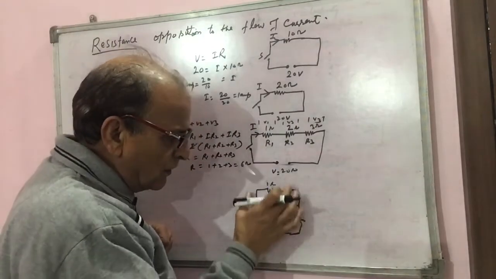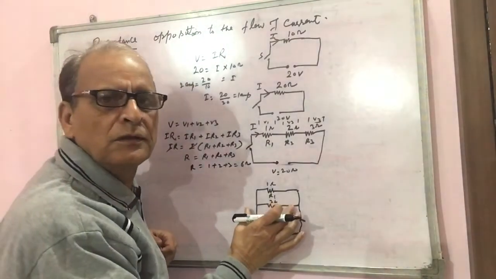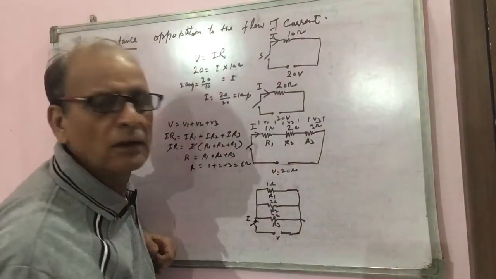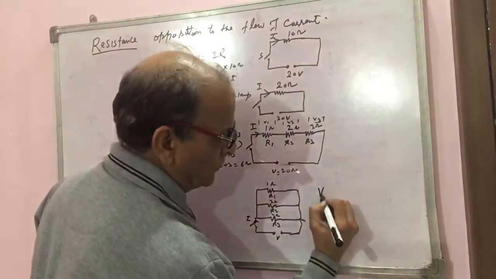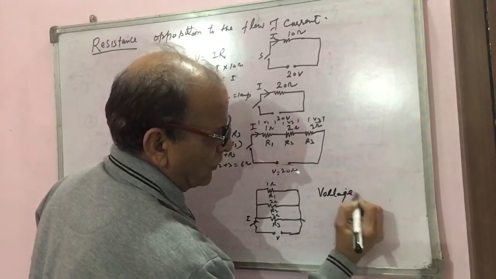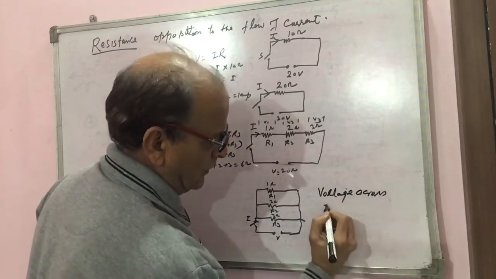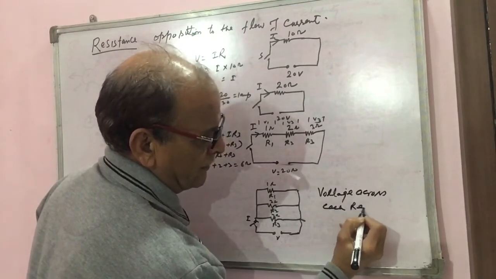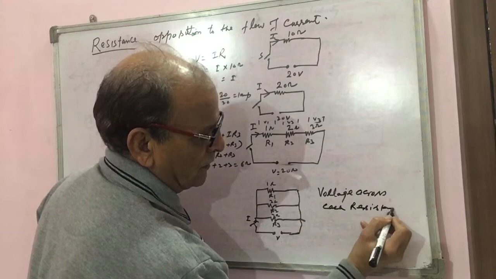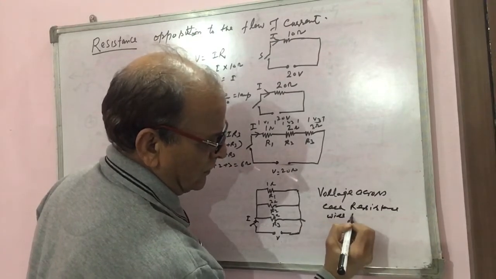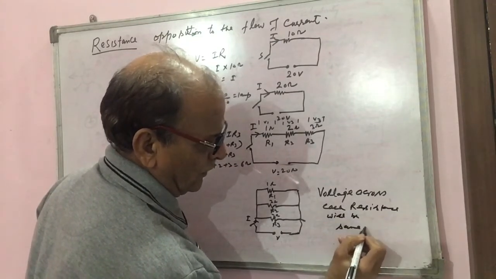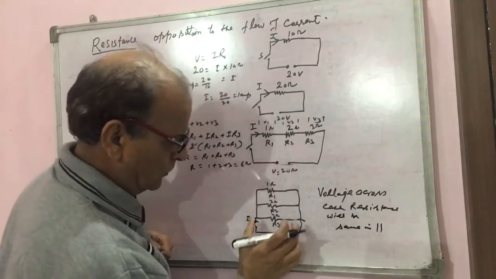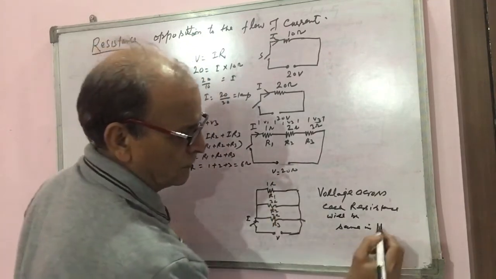The voltage across each resistance will be the same in a parallel circuit. This voltage, this voltage, this voltage is the same.